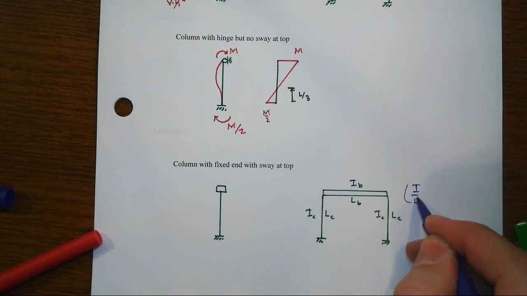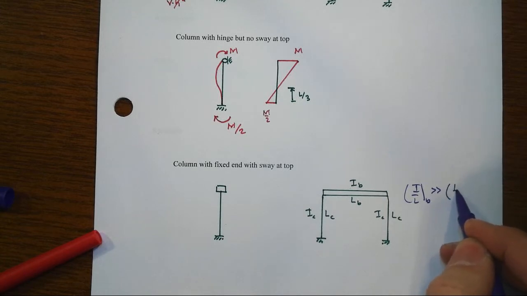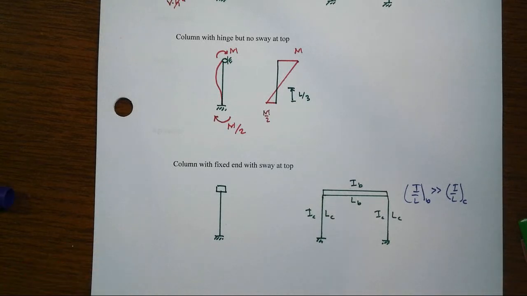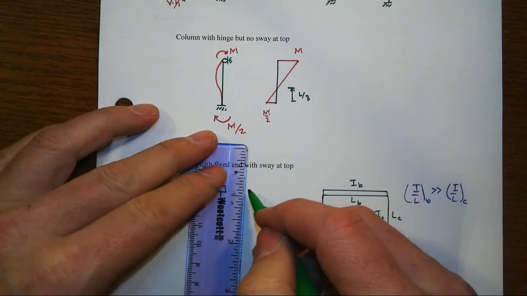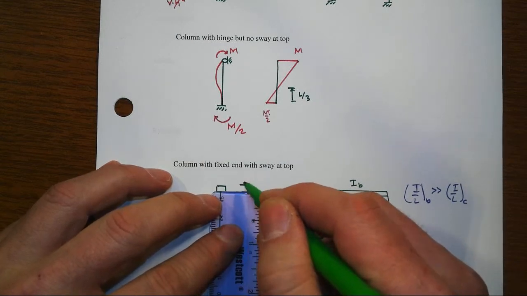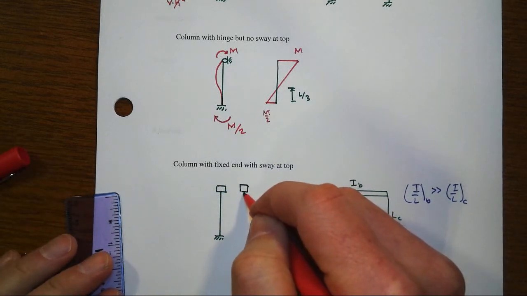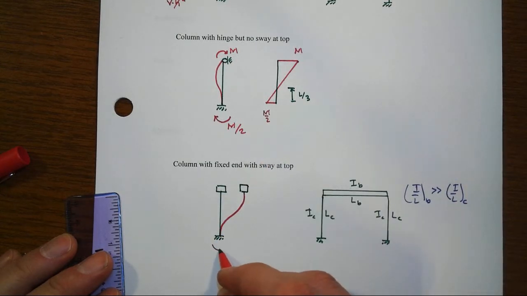Let's look at a third one, if the I over L of the beam, instead of being a lot less than that of the column, is a lot more than that of the column. So it is much stiffer than the column is. And so when the structure now sways, what's going to happen is that we get no rotation up at the top of the column, and of course there's going to have to be a moment associated with that that holds it from having rotation, just like there's a moment down here at the base.